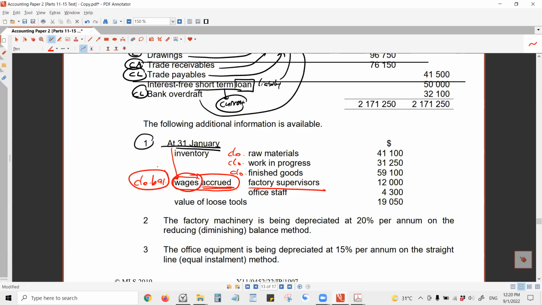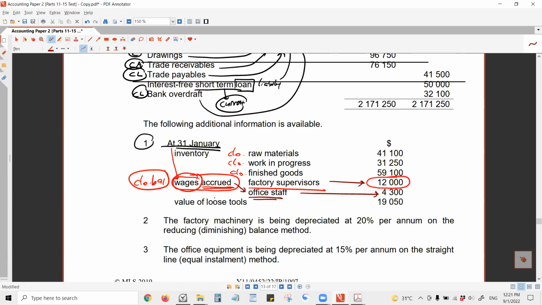Okay, at the year end, you still owe the supervisors some wages, 12000. This is meant for letting you find the amount that you should pay for the current year. Okay, later I show you how to deal with this. Same goes to this. Wages accrued to the office staff. Okay, 43000.